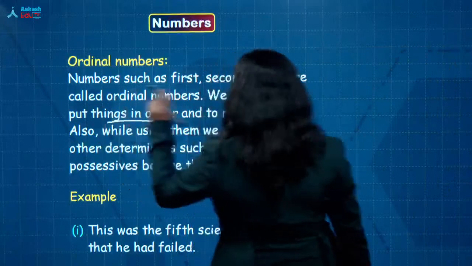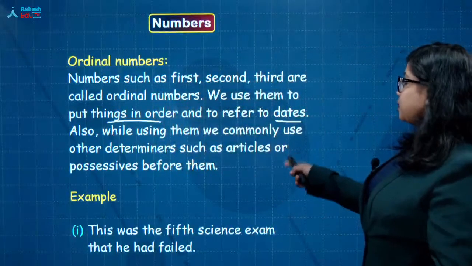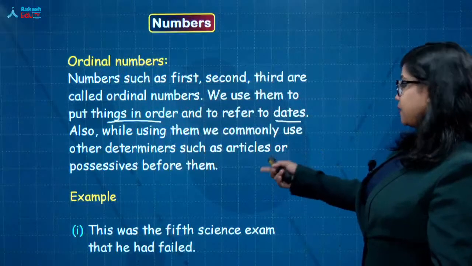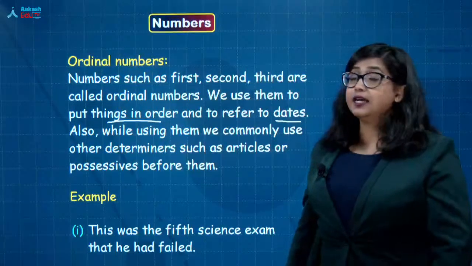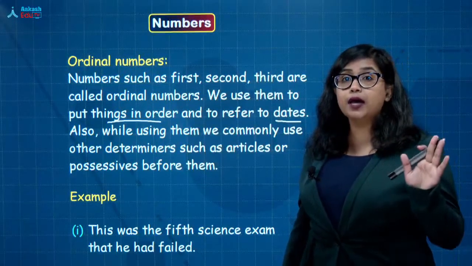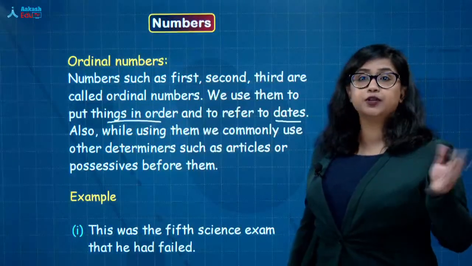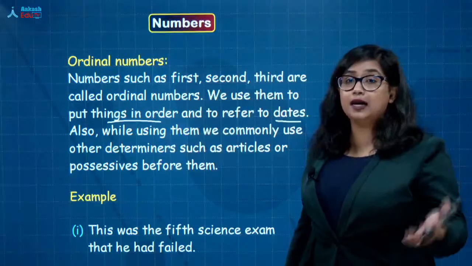To put things in order, to talk about dates, and we commonly use other determiners such as articles or possessives before them. For example, I came first in the class. He is the last boy to come to school. So in the last boy, the is used before the word last.